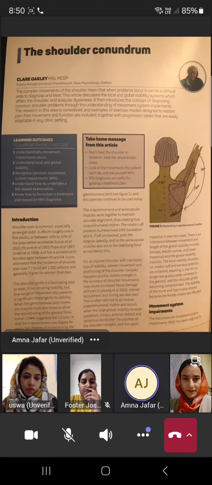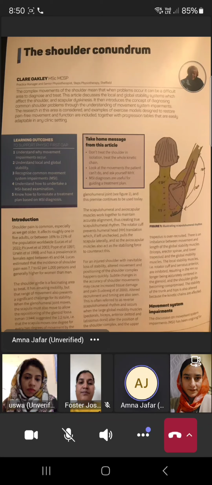So what are the learning outcomes? Understand why movement impairments occur. This is the basic reason, because we have to lead towards a treatment. As a physiotherapist, we should know what the movement impairments are and how they occur. Then understand local and global stability, which I'll be discussing afterwards.